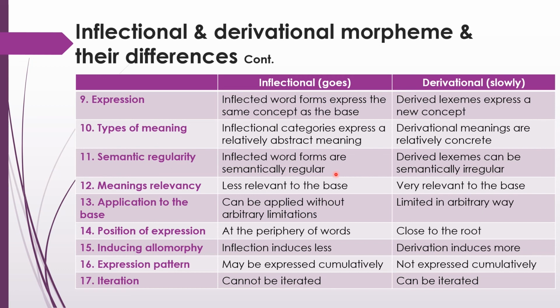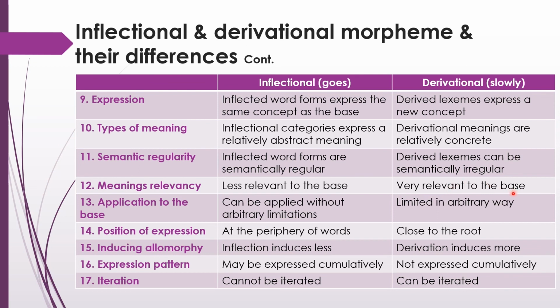But derived lexemes can be semantically irregular, so there is a possibility that it can be irregular. Relevancy: inflection is less relevant to the base, the form is not very related, but when we are referring to derivational, it is very relevant to the base, as the connection is very relevant.